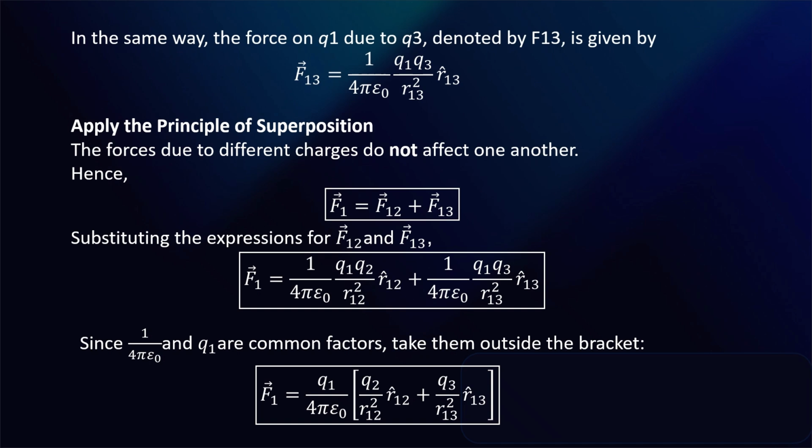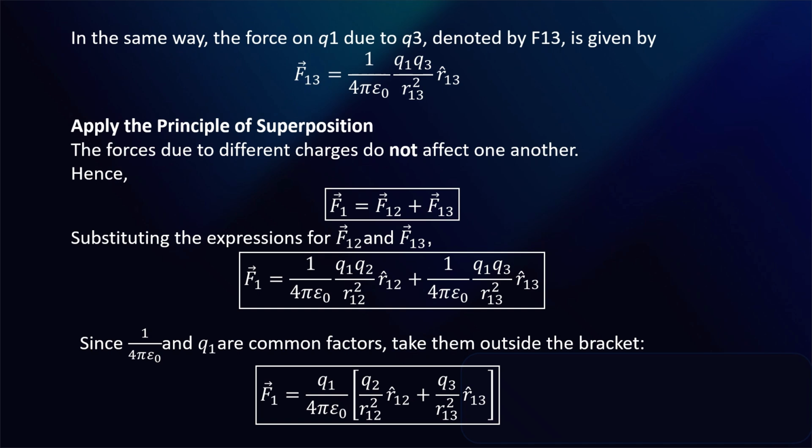Now, by applying the principle of superposition, we can find out the net force. That is, the vector force on charge 1 is equal to the vector force on charge 1 by charge Q2 plus the vector force on charge 1 due to charge Q3. Means F1 vector is equal to F12 vector plus F13 vector.